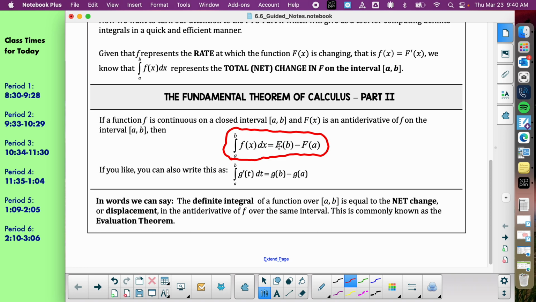If you ever see the italicized capital F, it traditionally stands for the integrated answer of regular f. So what this is saying, if we're trying to do the integral from a to b of a function, capital F represents the integrated answer, and then we're going to plug in the top number minus plug in the bottom number.